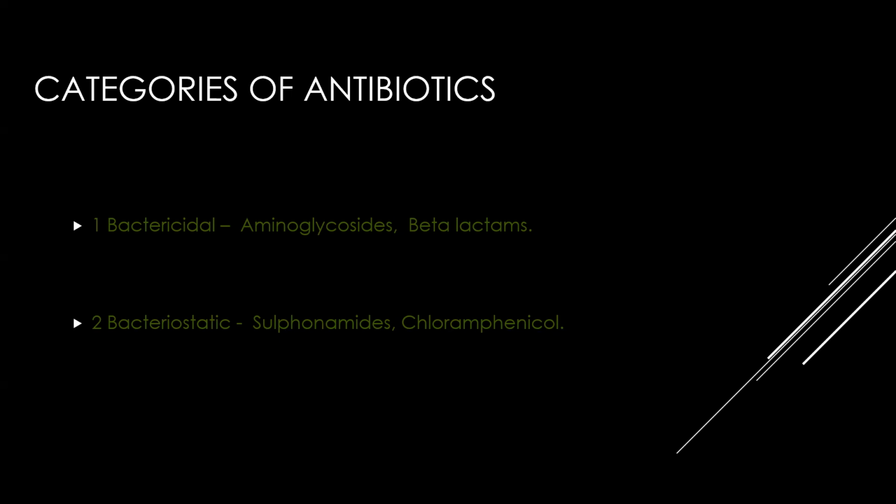Now the antibiotics. These are chemical substances which are produced in the environment by different types of organisms. These organisms have the ability to kill or suppress other organisms. From these organisms we are able to get penicillin or streptomycin. We call these antimicrobial agents.